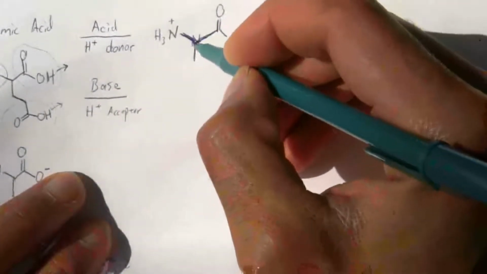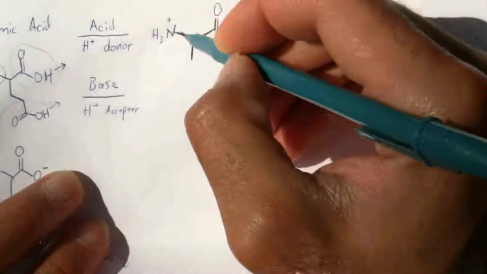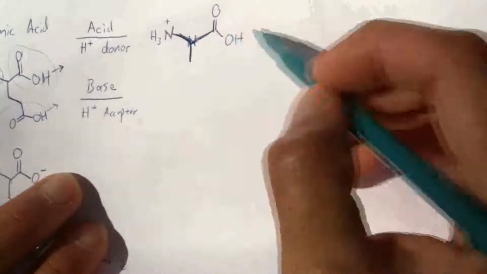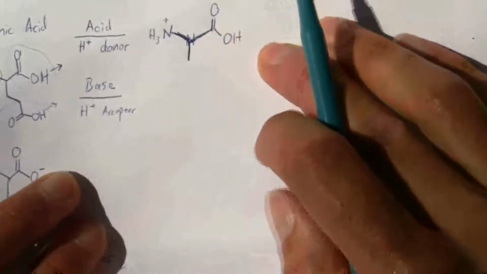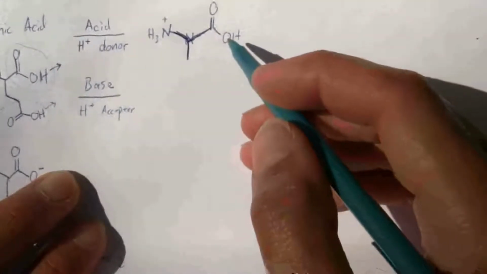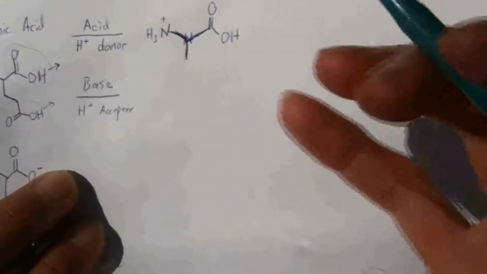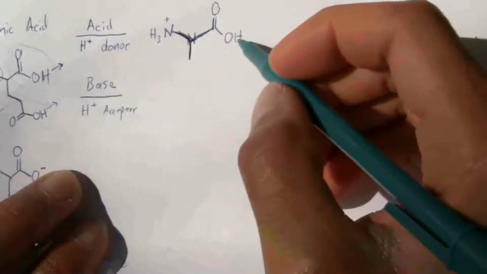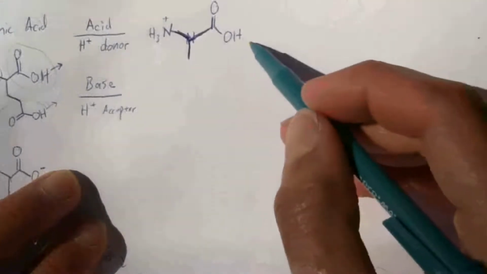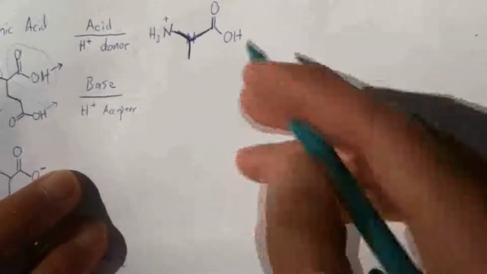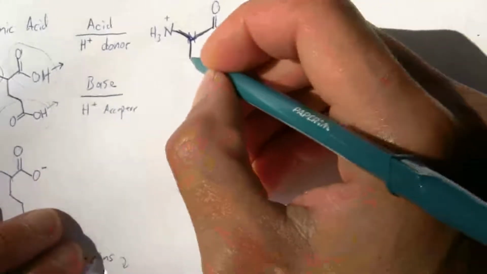So that nitrogen wasn't supposed to be there, but here the only difference is I've put a proton on. So it has an extra proton, and that would come from an acidic environment. That acid would give it that extra proton.